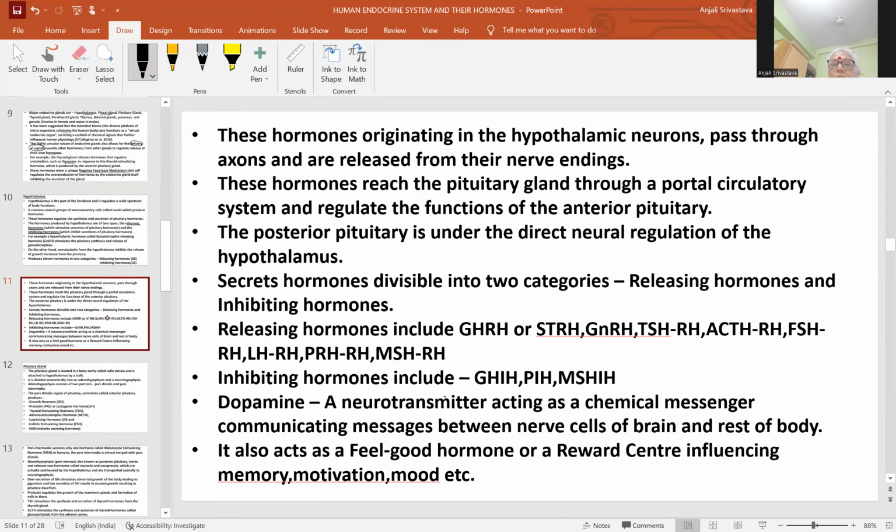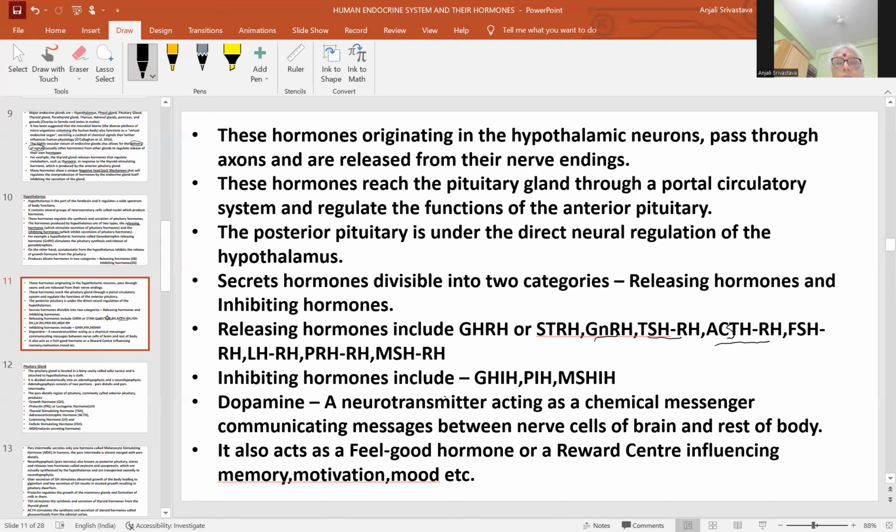These hormones include GHRH or SRH, this is the growth hormone releasing hormone or somatostatin releasing hormone that controls the body growth. Then GnRH, gonadotropin releasing hormone. TSH, thyroid stimulating releasing hormone. ACTH, adrenal cortex releasing hormone. This should be ACSH.